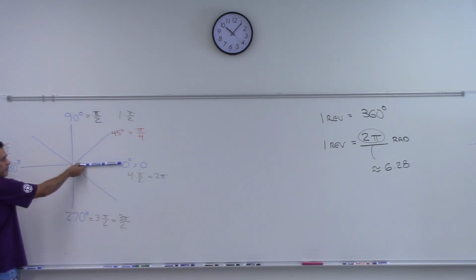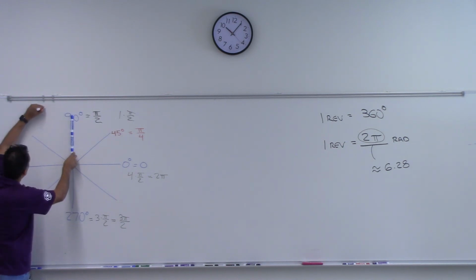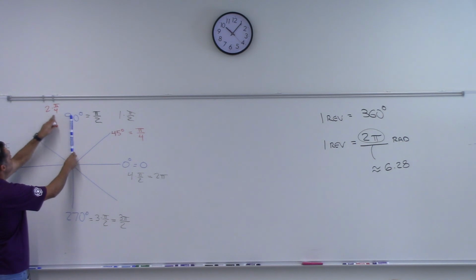0, right? How many pi over 4s here? 1. Where would 2 pi over 4s be? Straight up, right? Think about what that looks like. 2 pi over 4s, right? Doesn't that reduce to pi over 2, which matches what we said a second ago, yes? Keep going.